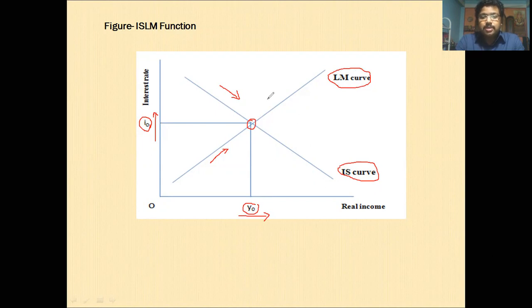So as far as the Keynesian ISLM function is concerned, the money market has a role in determining the real income and interest rate. So this is the Keynesian version of the ISLM model.